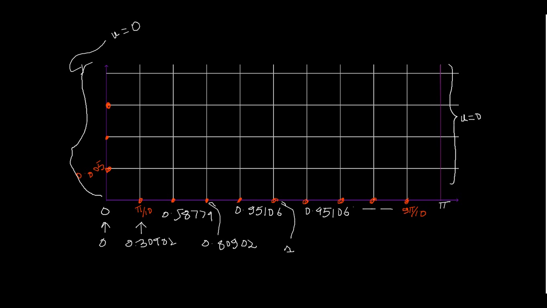Now let me first write the finite difference scheme for this Crank-Nicolson method. So r is given as c squared k by h squared.